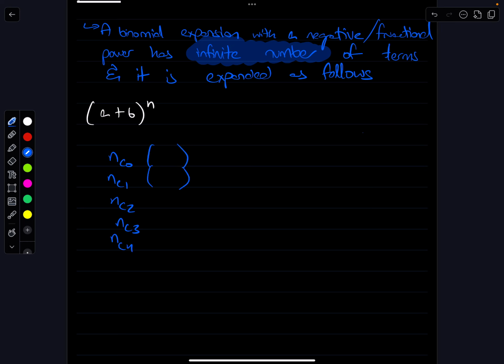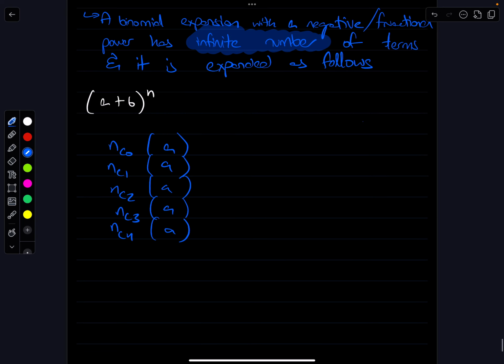Similarly, I have a to the power n minus 0, n minus 1, n minus 2, n minus 3, and n minus 4. This is essentially basic binomial expansion.